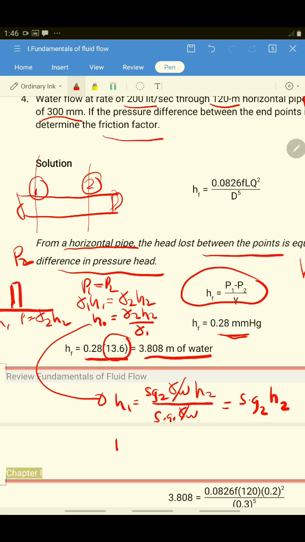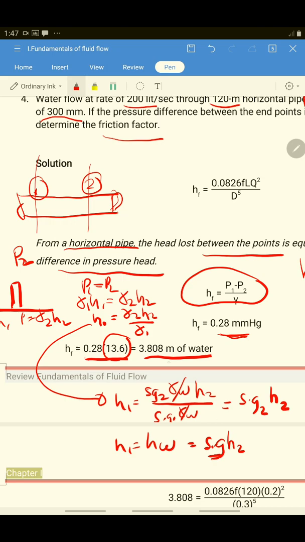So if H1 is equal to the head of water, then to get the equivalent height of mercury to water, it is multiplied by the specific gravity of mercury times the head of the fluid, which is the mercury.